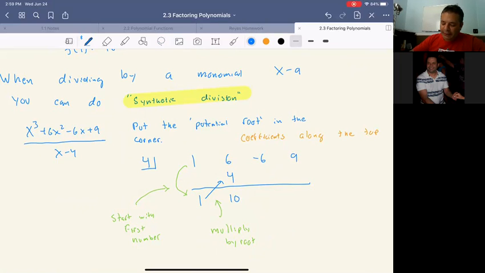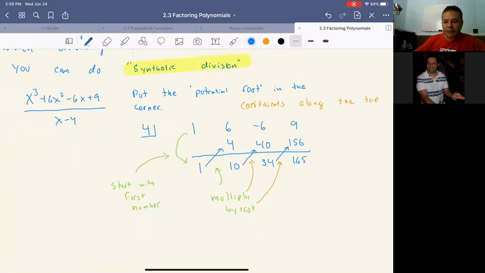We're going to multiply by the root again. -6 and 40 is going to give us 34. We're going to multiply by the root again. 34 times 4 was 156. 9 and 156 was 165.